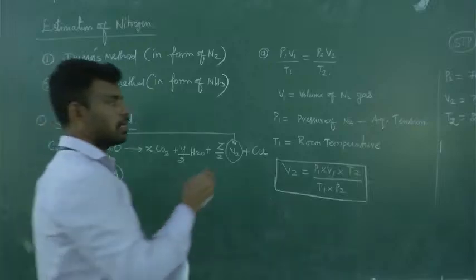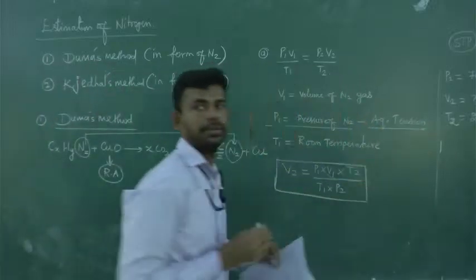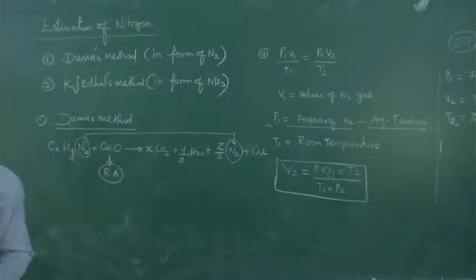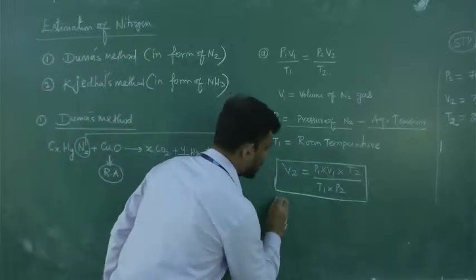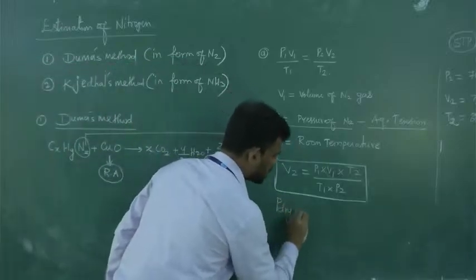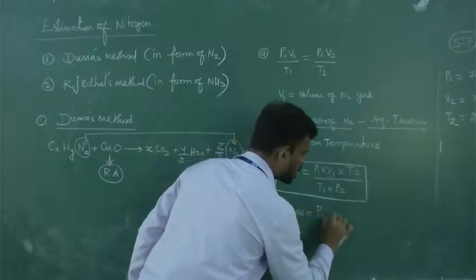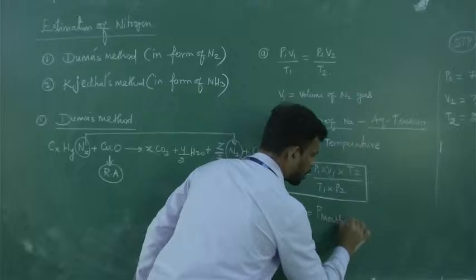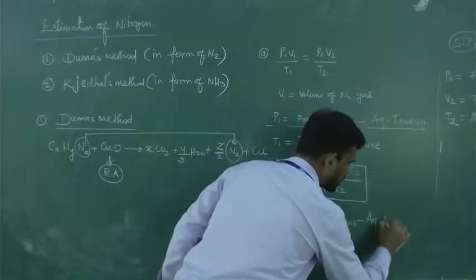Okay, what is P1? P1 is the pressure of N2 minus aqueous tension. We discussed this in the gaseous state, but in this chapter please note this. What is the meaning of this? Pressure of dry gas is equal to pressure of moist gas minus aqueous tension.